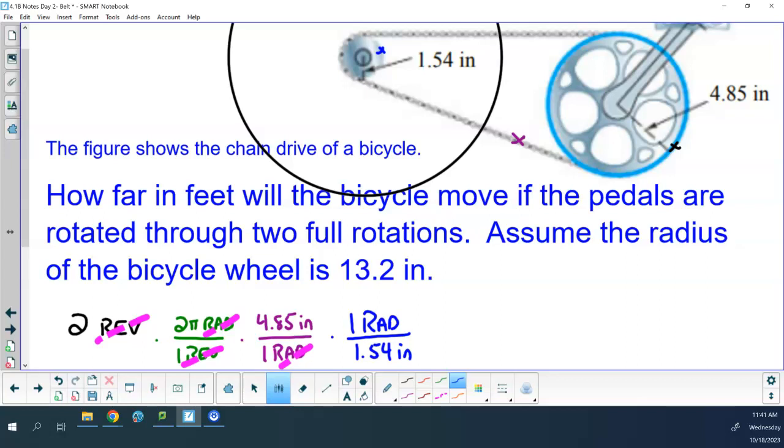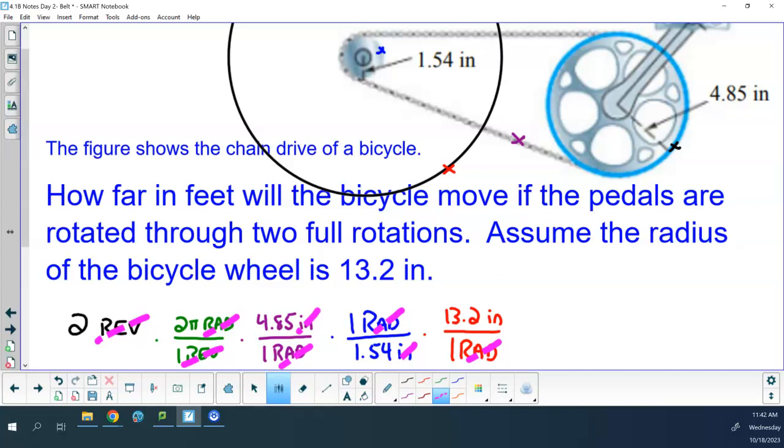Okay, because now we can jump to the outer edge of the wheel. But what do we want our answer in?